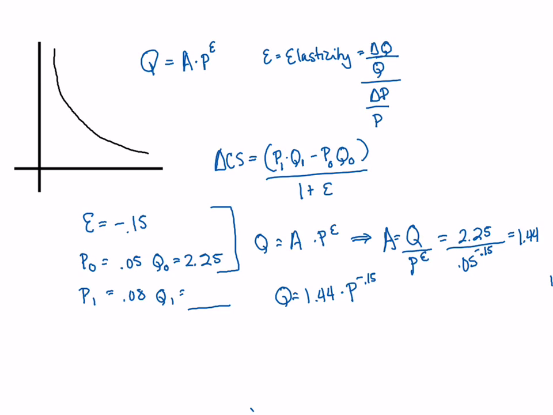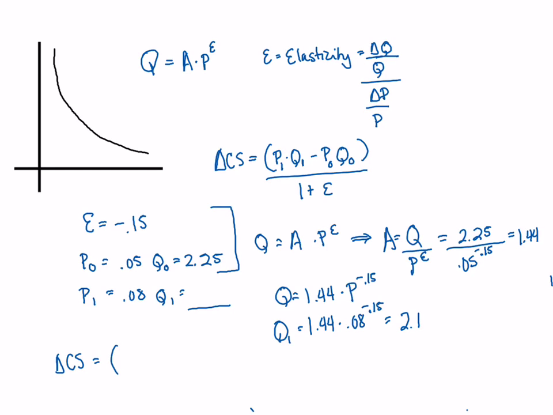Now we can figure out what Q1 is by substituting in the P1 of 0.08, taking it to the negative 0.15, and we get that Q1 is approximately 2.1.